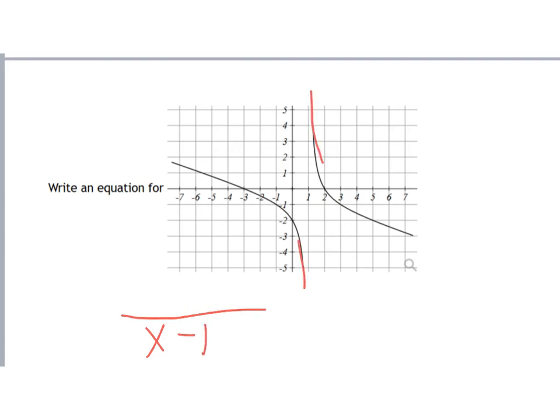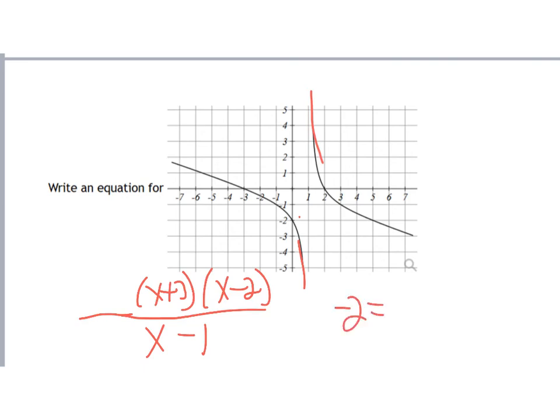They're heading opposite directions. I see a 0 at x equals 3. I see a 0 at x equals 2. I see a y-intercept of -2. If I drop in 0, do I get -2? No, so there's some kind of stretch factor going on.